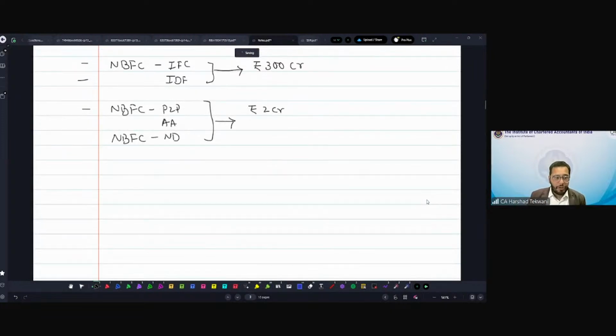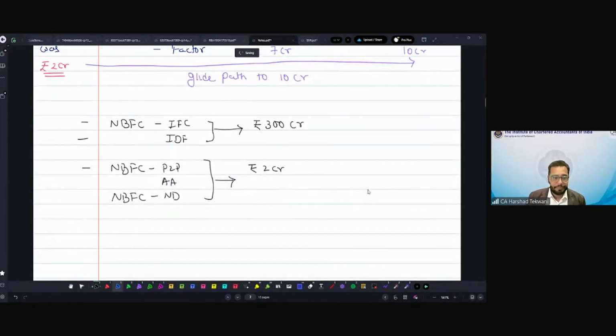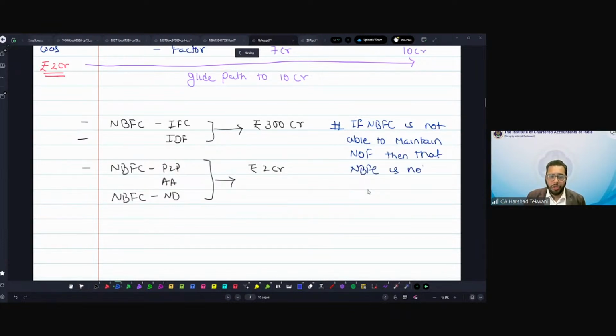Now, in this case, as of now, just mark a reference. If NBFC is not able to maintain NOF, then that NBFC is not eligible to hold a certificate of registration.